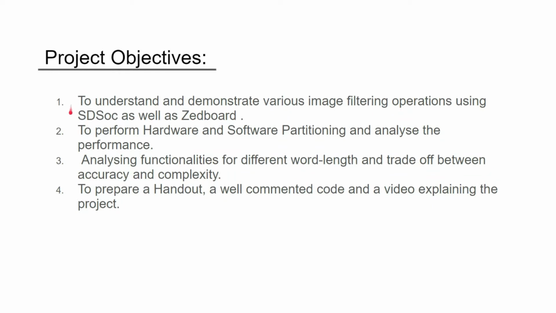The objective of the project is to understand and demonstrate image filtering techniques with the help of SDSoC and implement them on the Zboard, perform the hardware and software partitioning and analysis, and then analyze the functions on different word lengths and find the trade-off between accuracy and complexity. Finally, we have to prepare a handout and well commented code along with the video explaining the project.